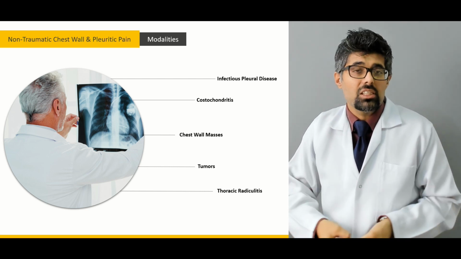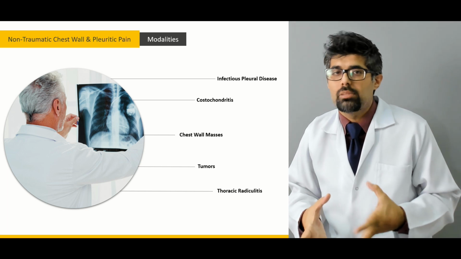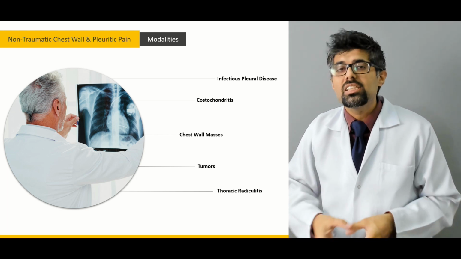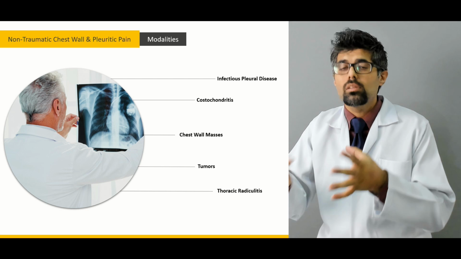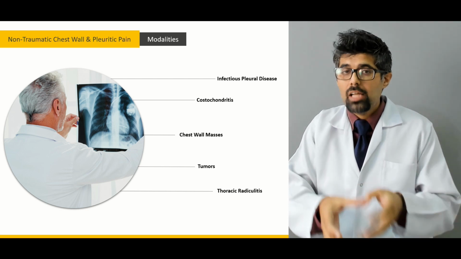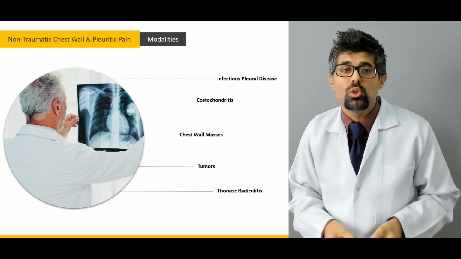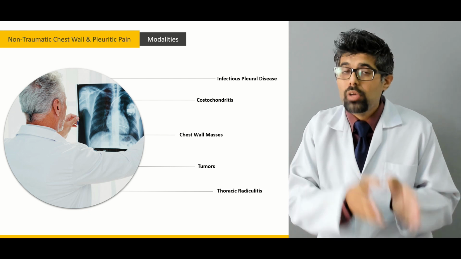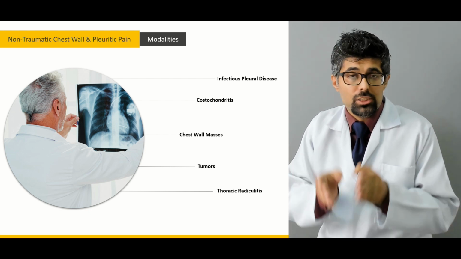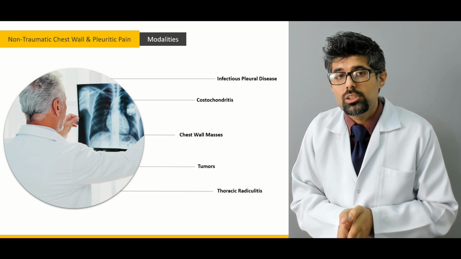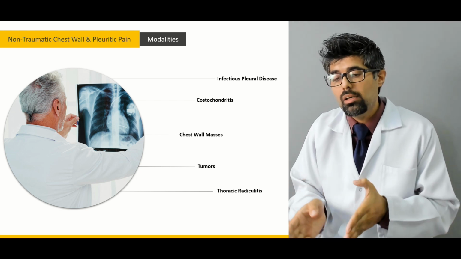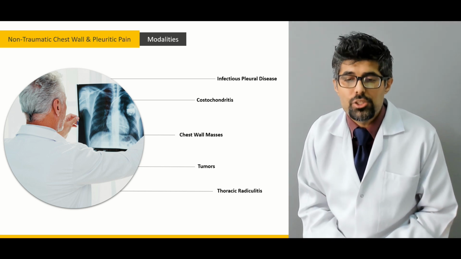Now, this results in a variety of symptoms, but all of these symptoms make up the radiculitis, and thoracic radiculitis is no different. And thoracic MRI is the modality of choice in this condition.